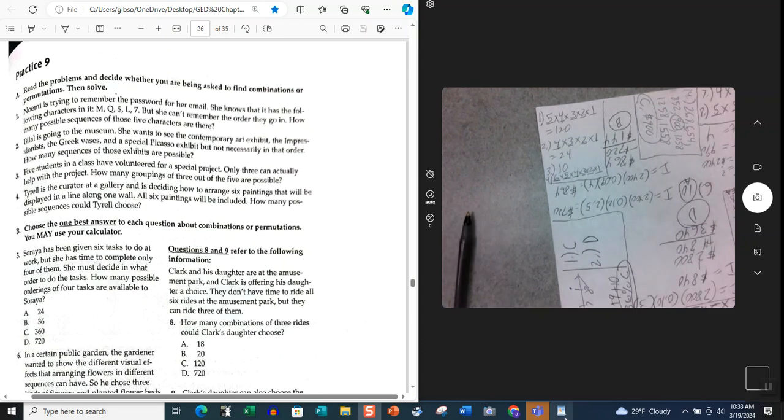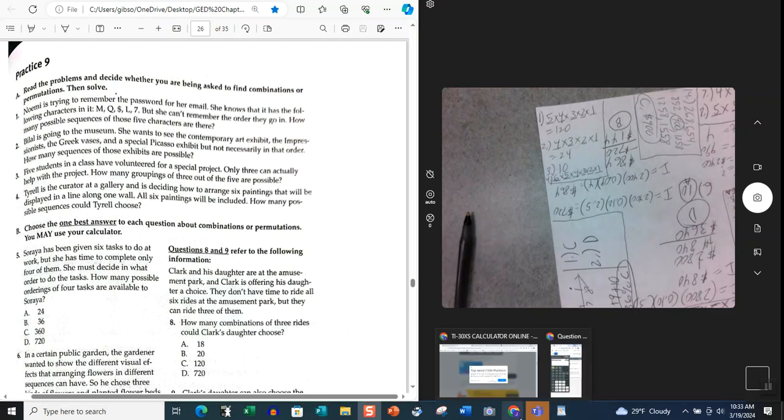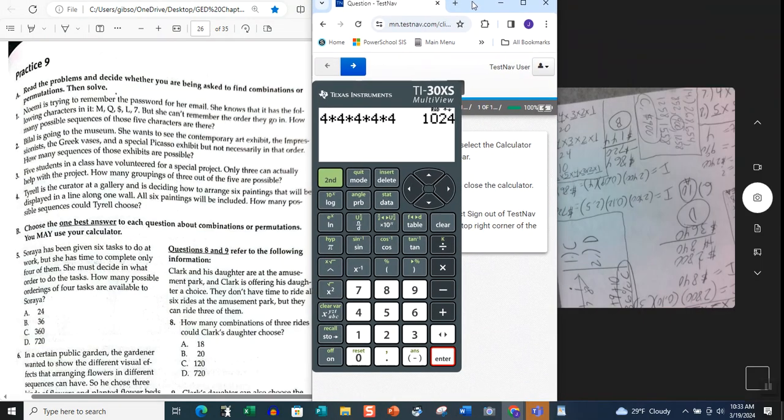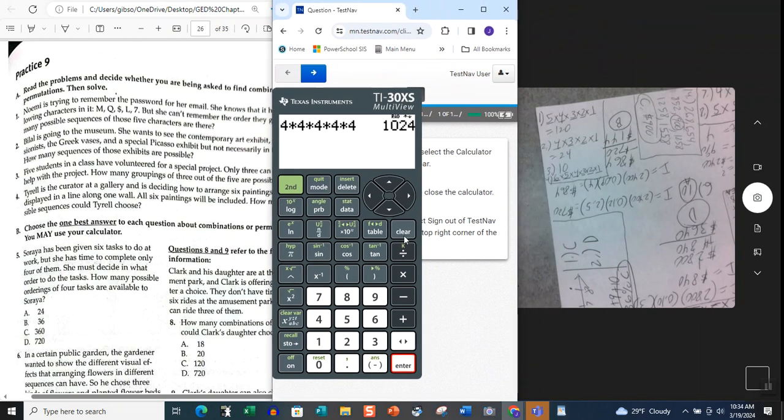Now I'm going to use the calculator. So with that, we would take 6 times 5 times 4 times 3 times 2, then times 1.